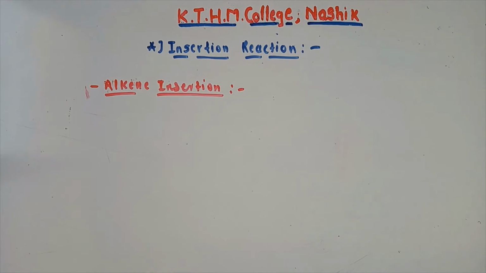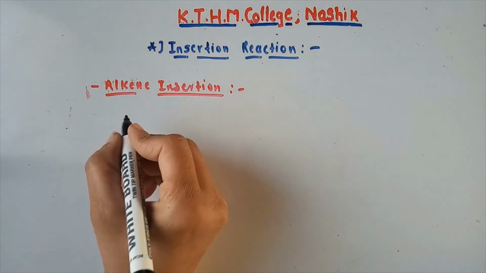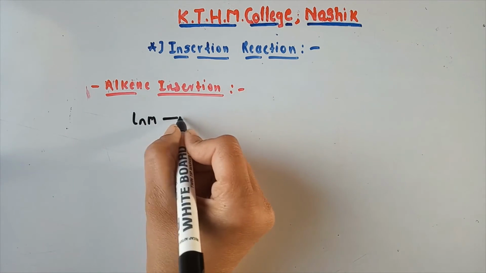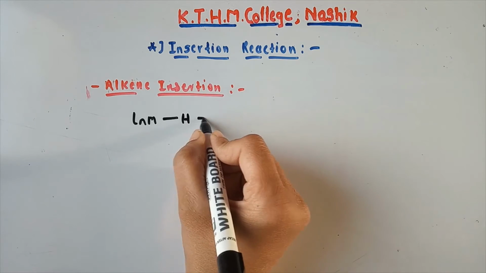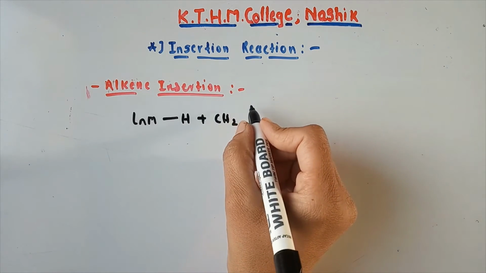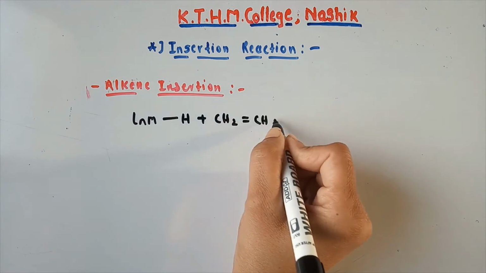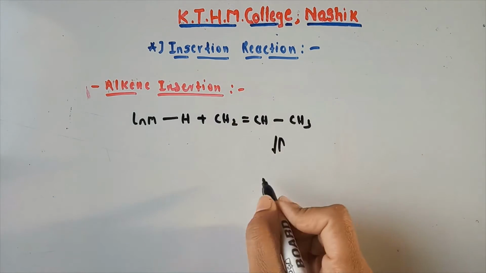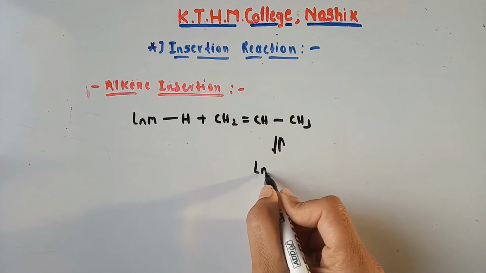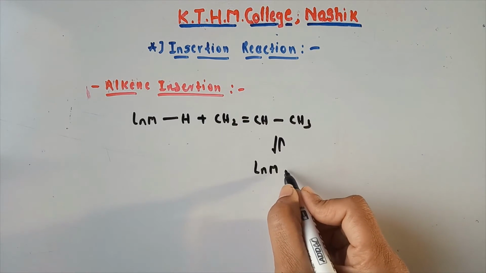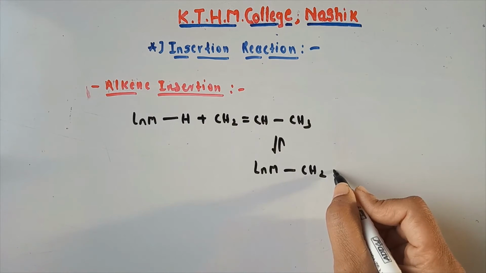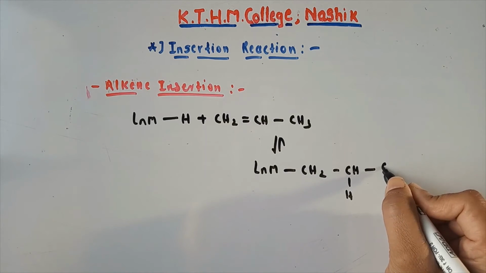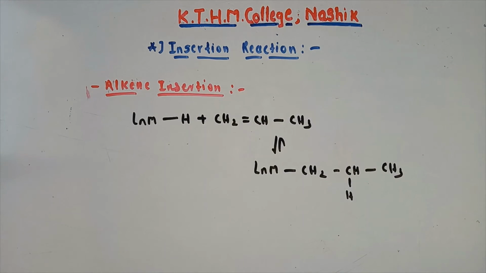So let's see an example of alkene insertion. LnM-H plus CH2=CH-CH3 gives the product LnM-CH2-CH(H)-CH3.